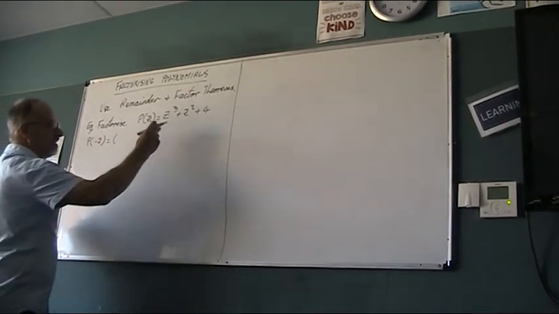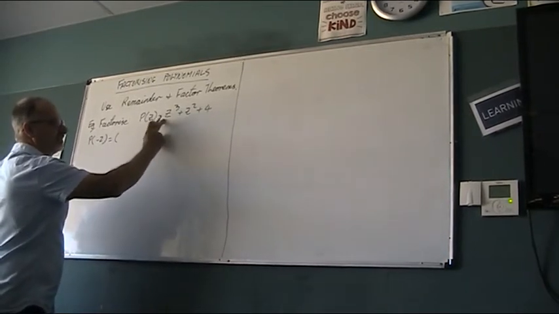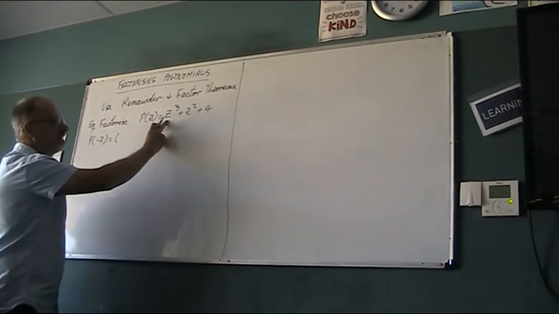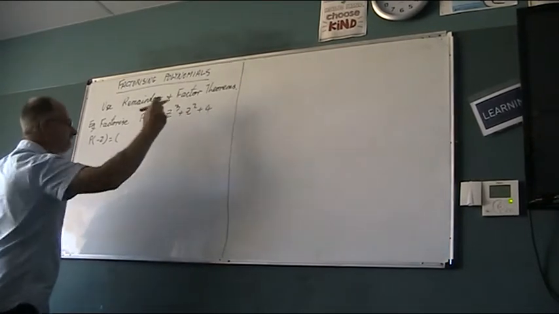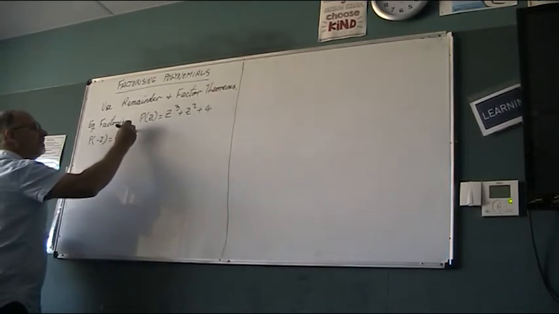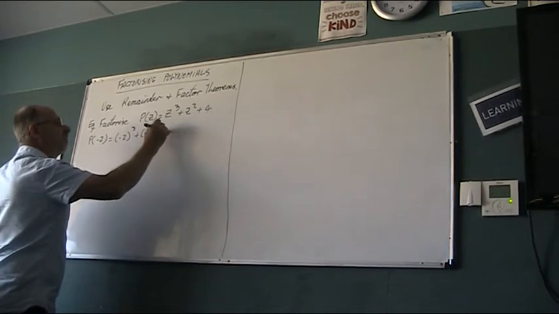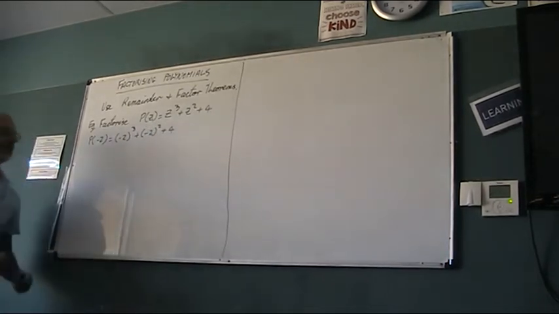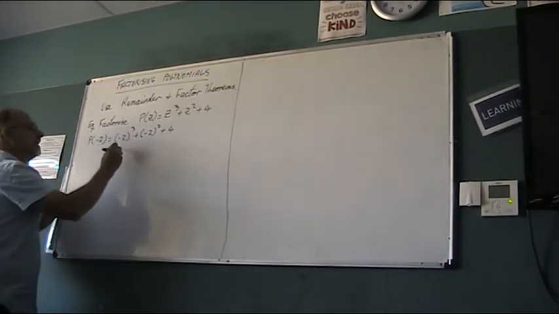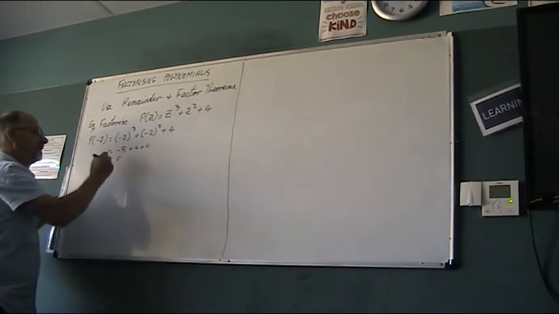And again, you can look and say, well, if I choose negative 1, that's probably not going to give me enough, because that'll be negative 1, positive 1. So sometimes you can get a bit of an idea as to what you might try. And so we've got negative 8 plus 4 plus 4, which is 0.